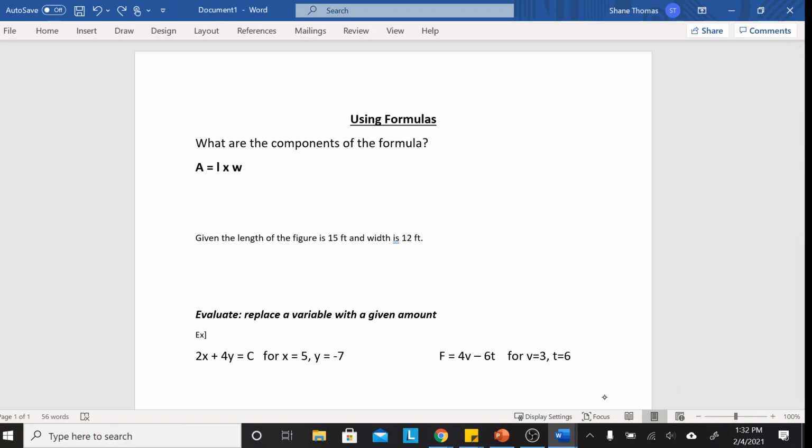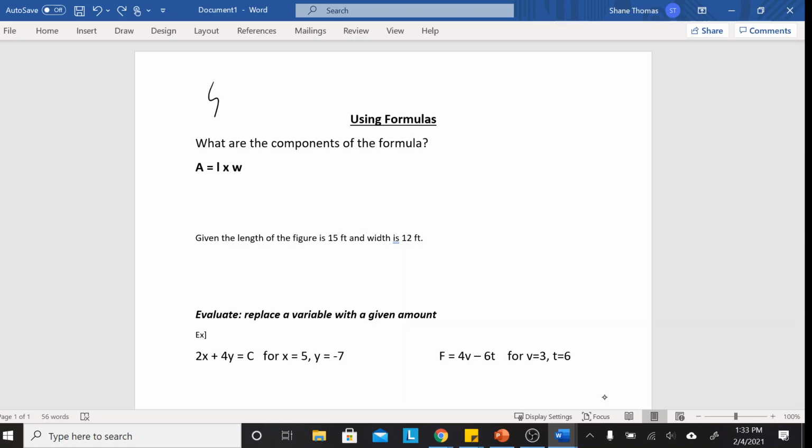For what a formula is. It's how to do a problem. I like that. So let's go with Mr. Thomas's version, okay? I'm going to kind of combine your two. It's a set equation to do a certain type of problem, okay?